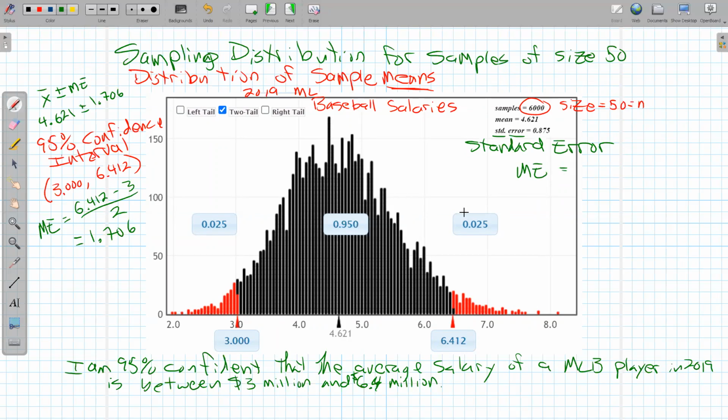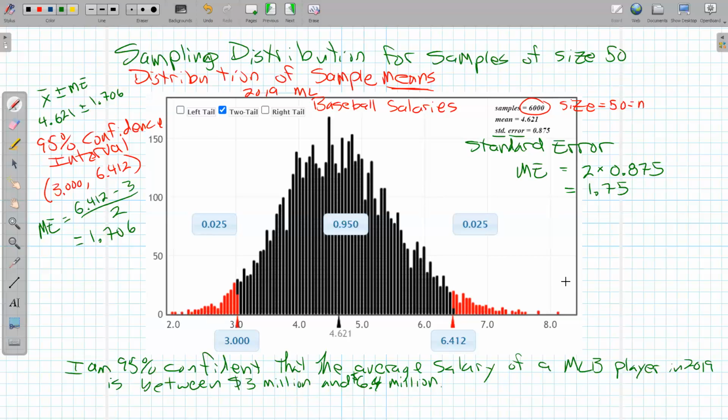Instead of using StatKey's 95% calculation, I could just say, just take twice the standard error, 0.875. Calculator thinks that is 1.75, which is similar to this right here, not exactly the same, but close enough. And again, it's partially because of variability in the different samples that were drawn 6,000 times.